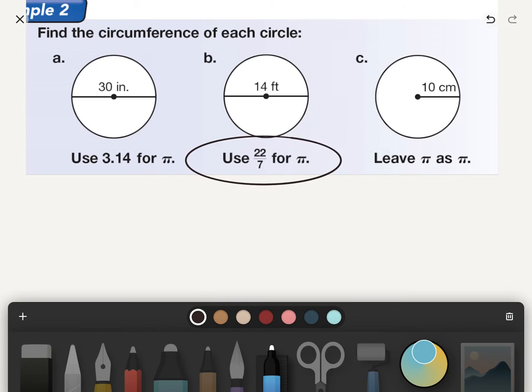Other times, you're going to be asked to use 22/7 for the value of pi, which, if you do that as a division problem, you end up with the digits for pi. We'll see why it can be a lot more useful to use 22/7, and they have a particularly good example here with their value for the diameter. And then sometimes you just gotta let pi be pi. So sometimes we just leave pi as pi.